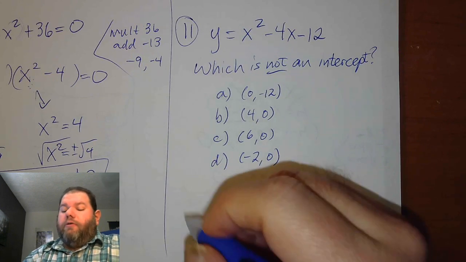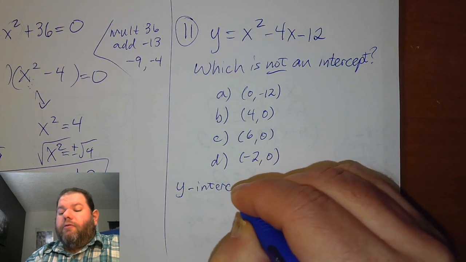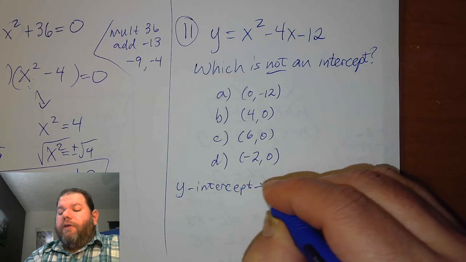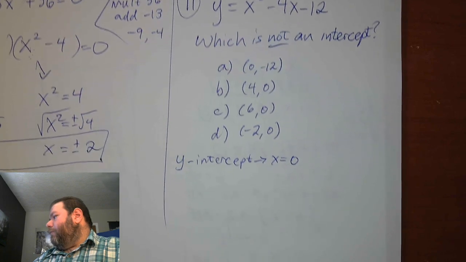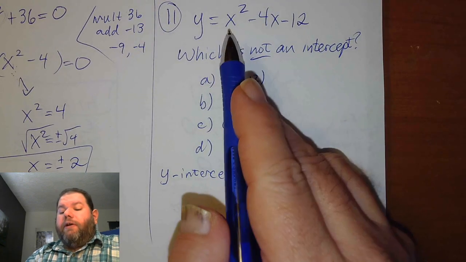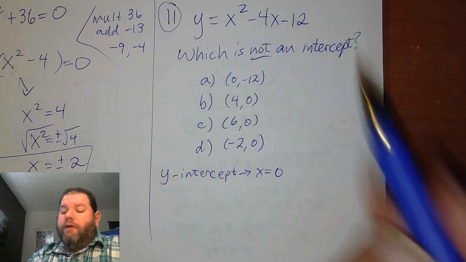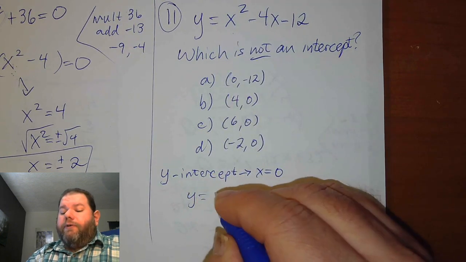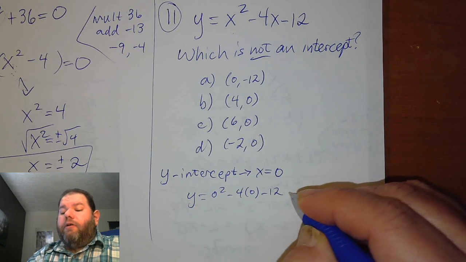Now, for our y-intercept, remember that we want to plug in x is equal to 0. So if we take x equals 0 and plug that in here, we get y equals 0 squared minus 4 times 0 minus 12.